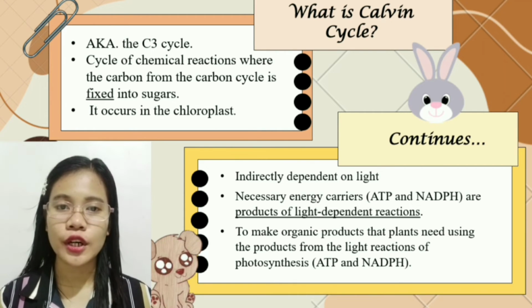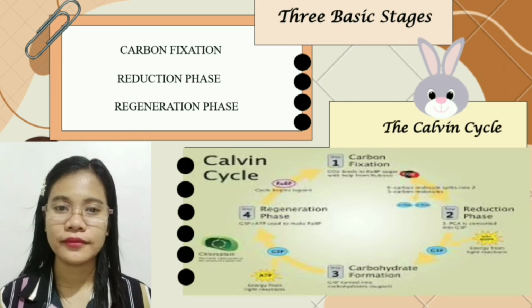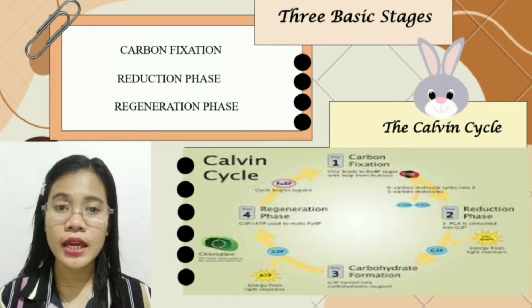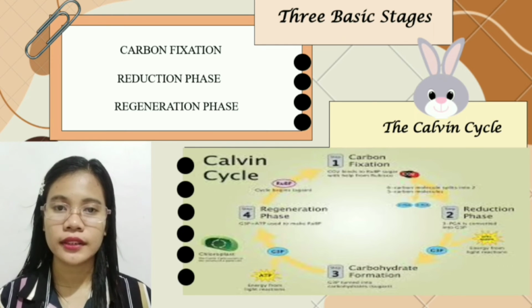The primary function of the Calvin cycle is to make organic products that plants need using the products of the light reaction of photosynthesis. Next, let's talk about the three basic stages of the Calvin cycle: carbon fixation, reduction phase, and generation phase.